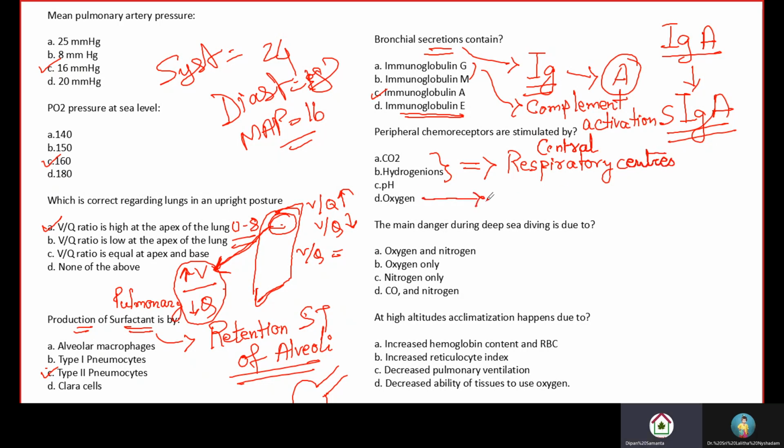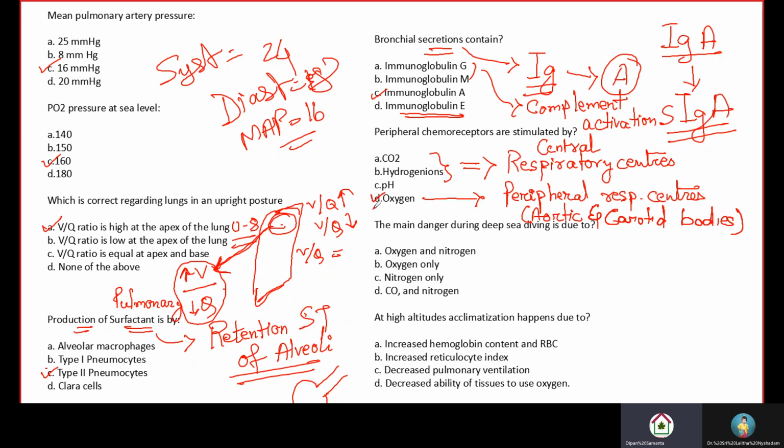But oxygen acts on peripheral respiratory centers, that is the carotid and aortic bodies. Oxygen acts on aortic and carotid bodies. Okay, so this is about oxygen. So the answer will be oxygen.